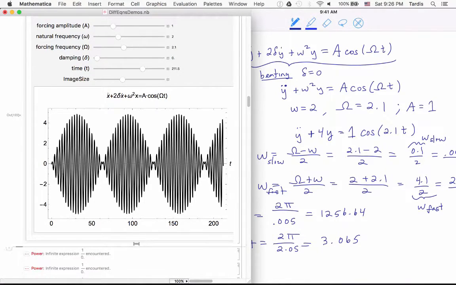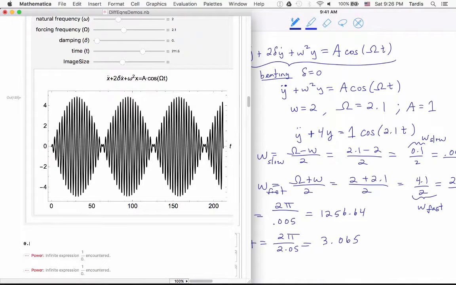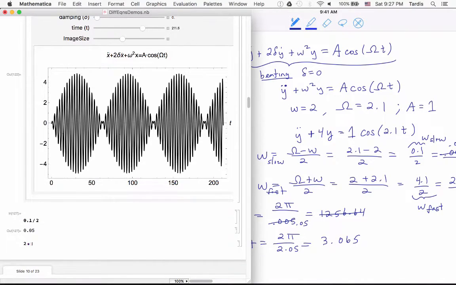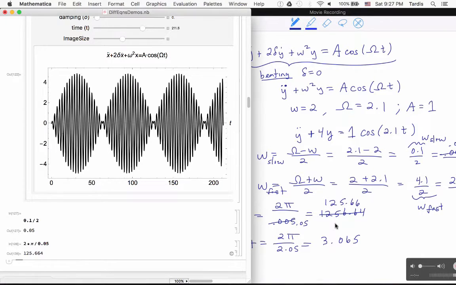Let me double check something. 0.1 divided by 2 is 0.05. So this was supposed to be 0.05. 2 pi divided by 0.05: 2 times pi divided by 0.05 is 125.66.